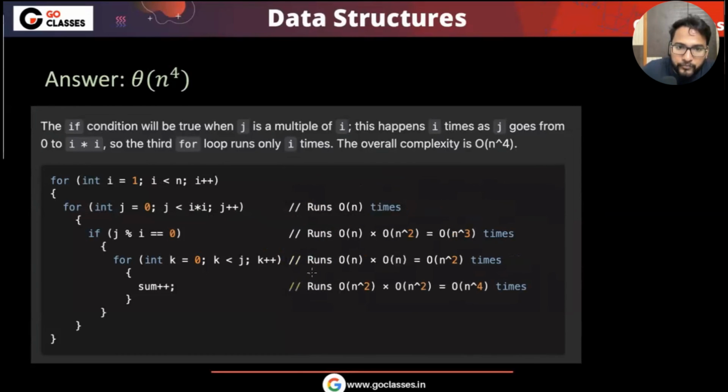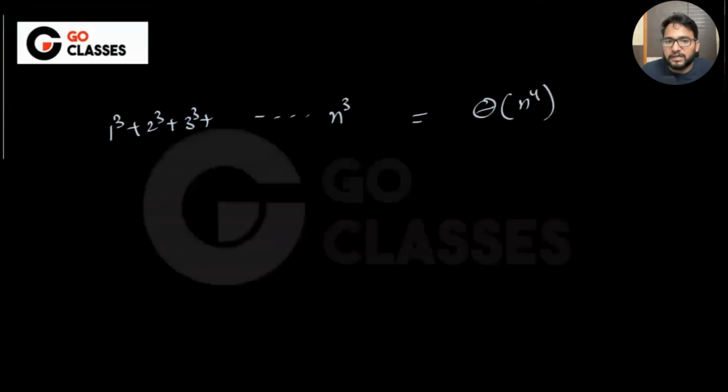Order of n into order of n. Actually, this is also okay, but it will confuse you a little bit. So maybe you can understand like that only.